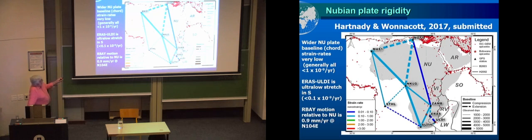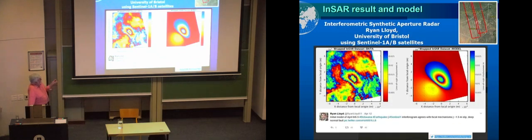Something like the distance between Noto and Zamb is changing at less than 0.1 nanostrain per year. On the other hand, we've got a southeasterly motion of Richards Bay at about 1 millimeter a year, which is consistent with the Lwanli-Nubia boundary forecast in that region.